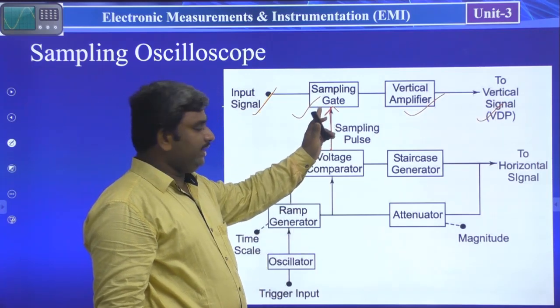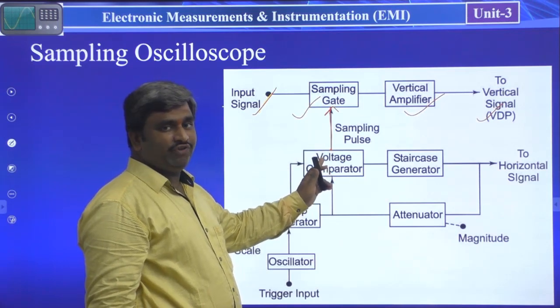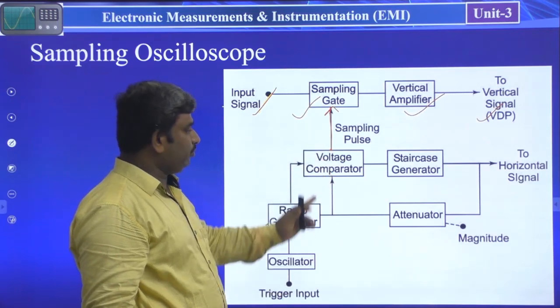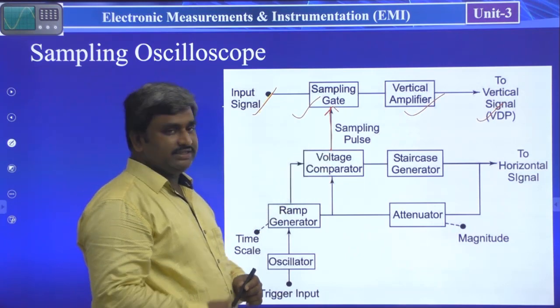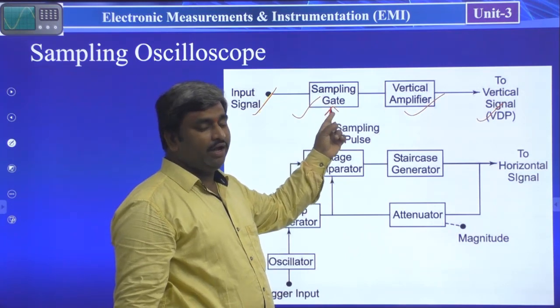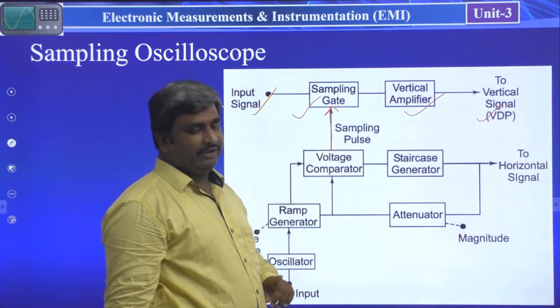This sampling gate is connected from the voltage comparator circuit. The voltage comparator circuit is producing sampling pulses, so the sampling gate is operated with the sampling pulses.